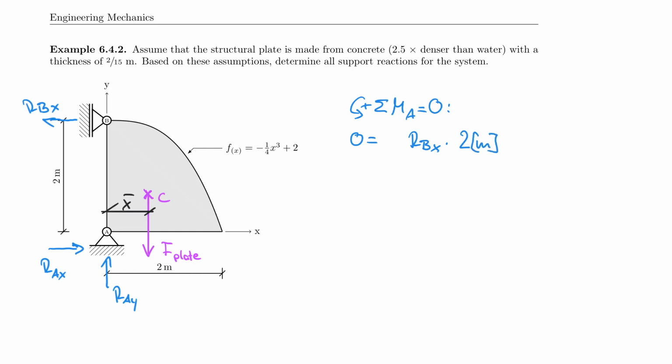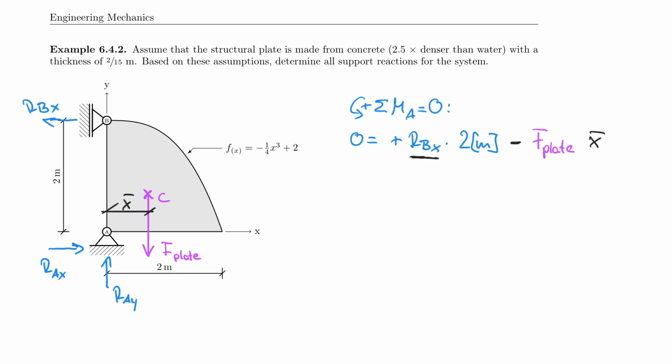And then that turns counterclockwise, so I'm going to make that positive. And now I have the F plate multiplied by X bar, and that turns clockwise, so therefore that is negative. And I will be able to solve that equation in just a second for RBX.